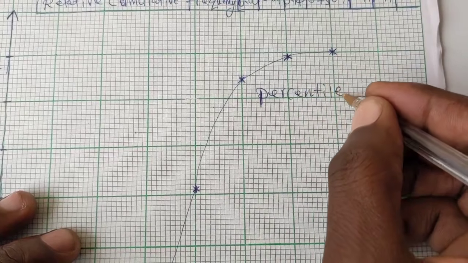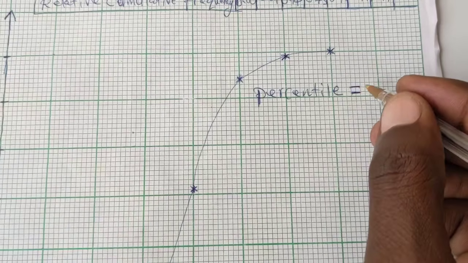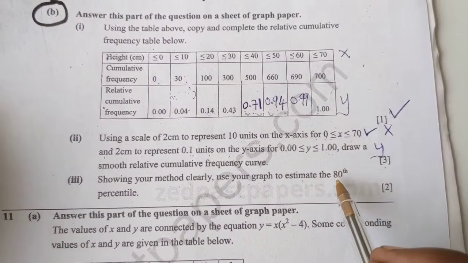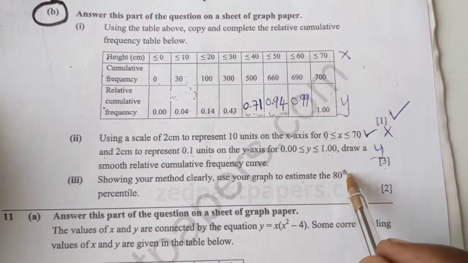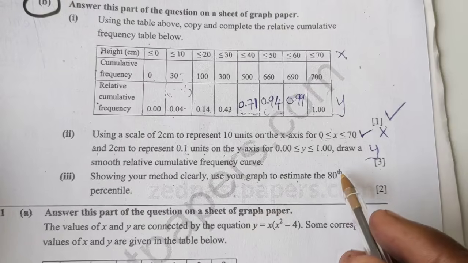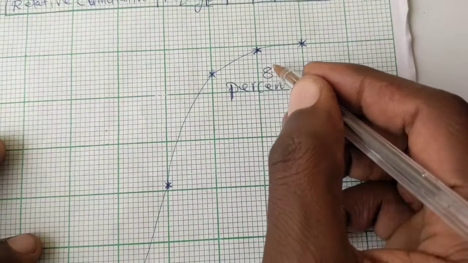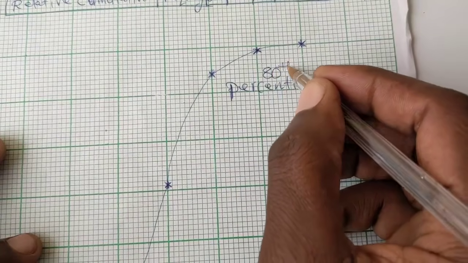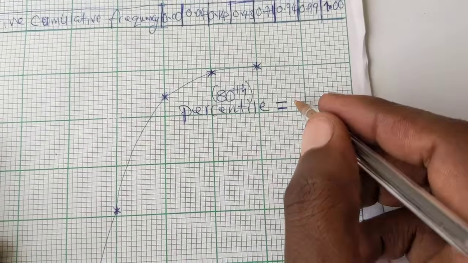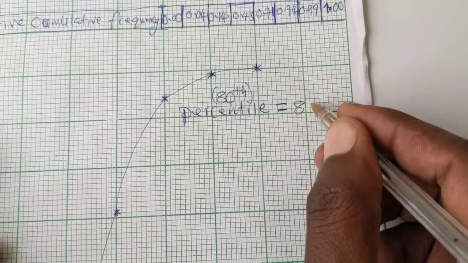That is the formula. Percentile is equal to, so you check the percentile that you are given. It is this one, 80th percentile. So the 80th percentile is equal to, you just get this 80, which is just the same as 80%.